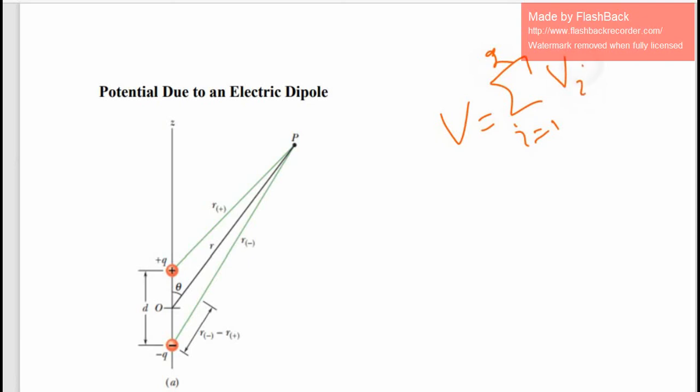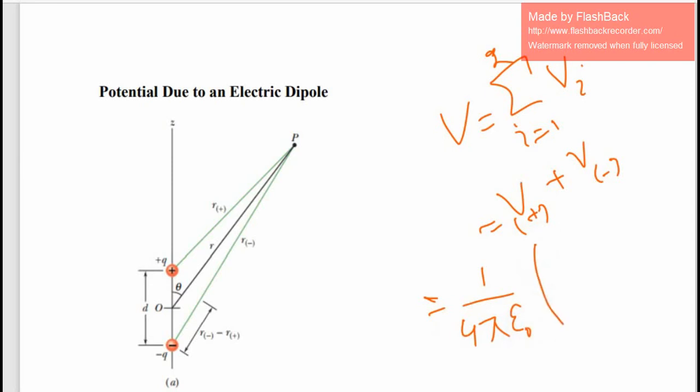The potential due to the positive charge plus the potential due to the negative charge should be written as 1 over 4 pi epsilon naught, Q over R plus, minus Q over R minus.